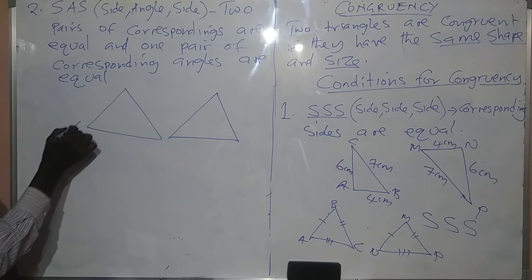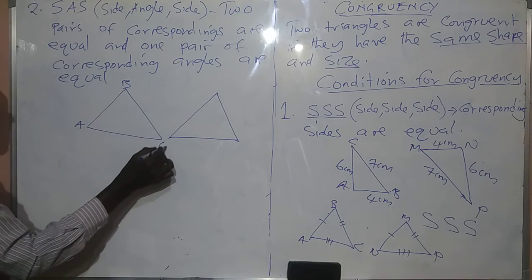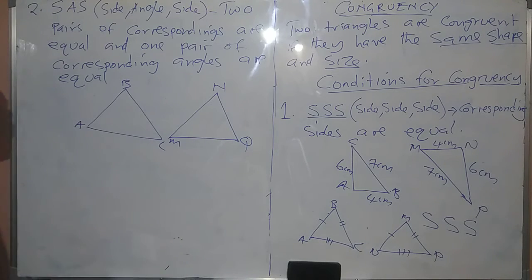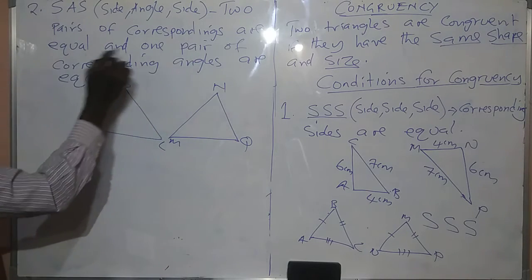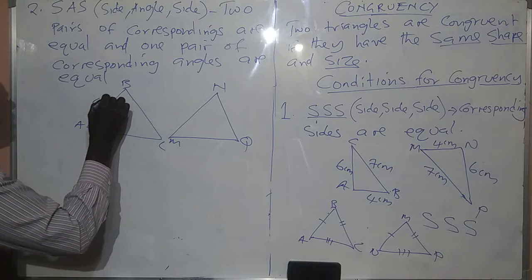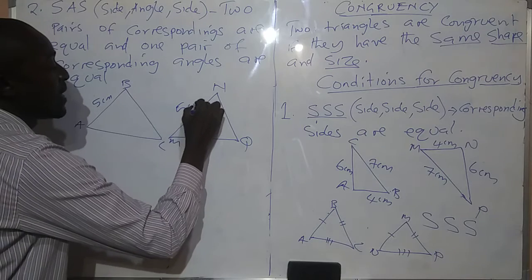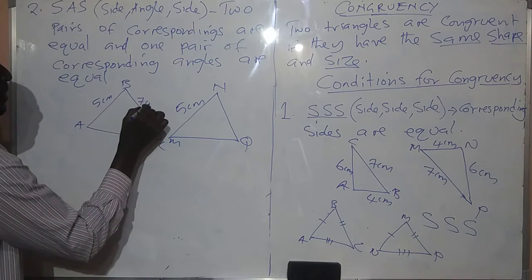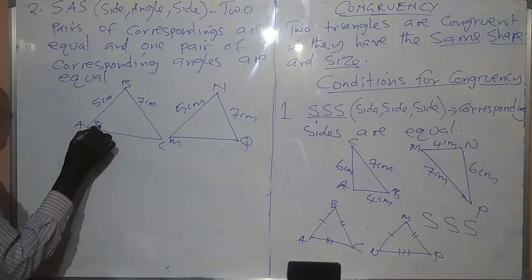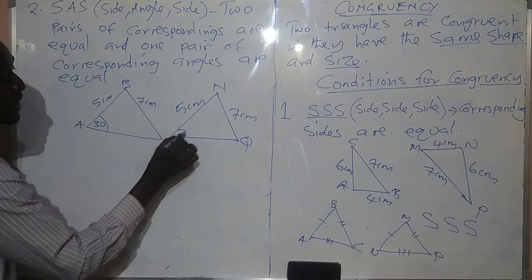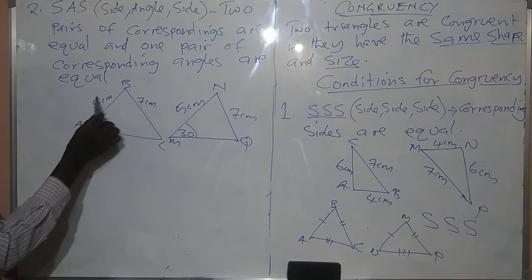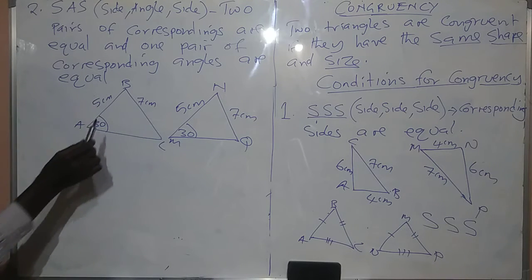Okay, so let's put A, B, C here, and M, N, Q there. So two pairs of corresponding sides are equal. So when we have 5 centimeters here, we have 5 centimeters there, we have 7 here, and 7 there. Then we have 30 here, and 30 there. So you can see that the first pair of sides here, we have 5 centimeters, 5 centimeters, they're equal.